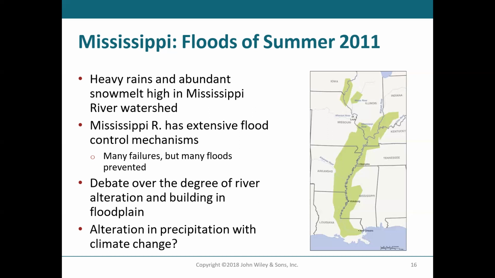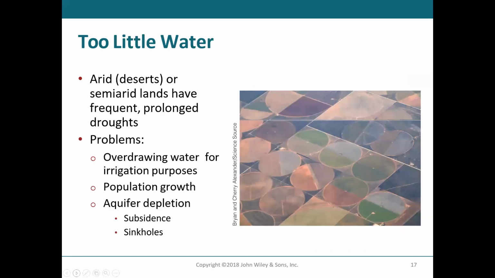To say that we can no longer inhabit this area is not possible, because people have been living there for hundreds of years, and New Orleans, Memphis, and St. Louis are major cities. We cannot just say that's it, everybody needs to move. So there needs to be better solutions, and that's one of the problems facing the United States, the Army Corps of Engineers, as well as other natural resource agencies.